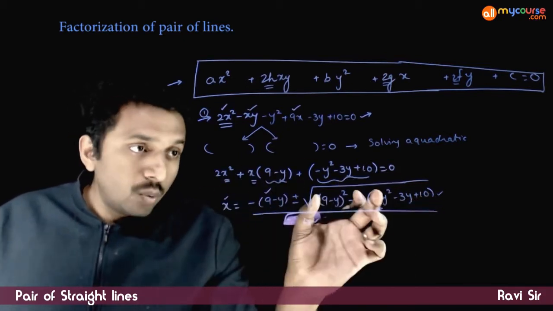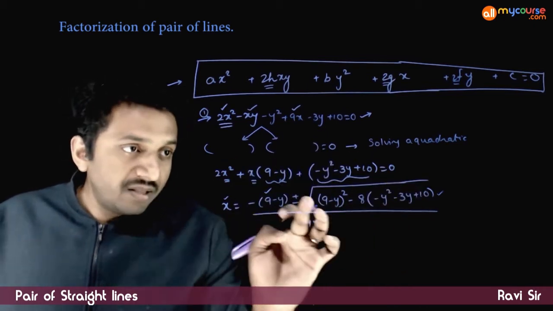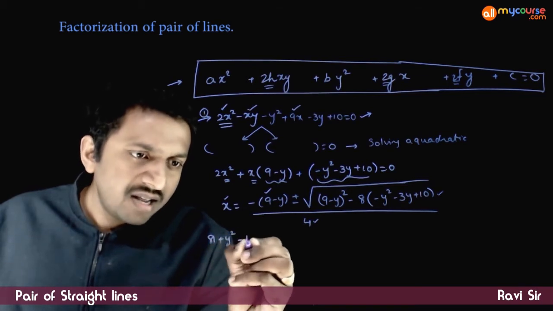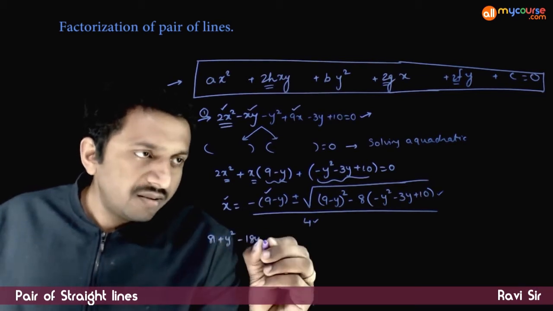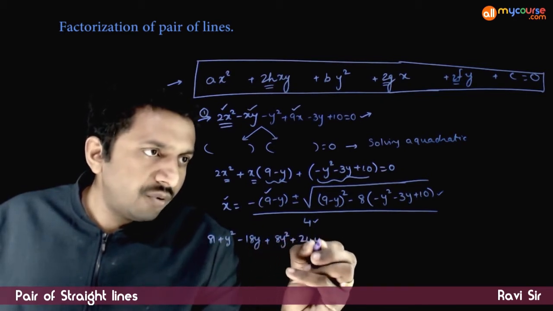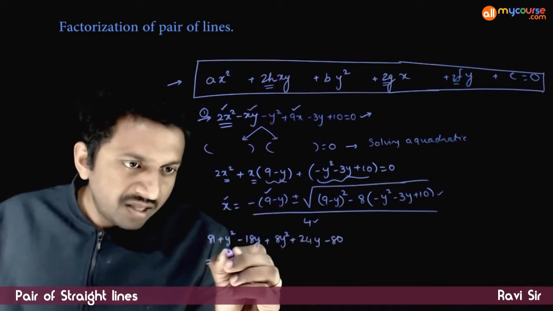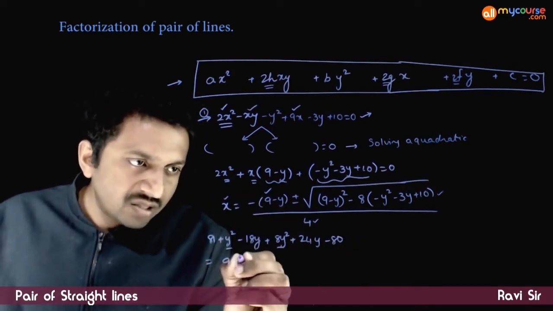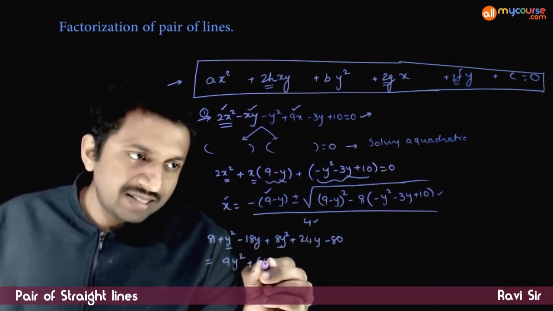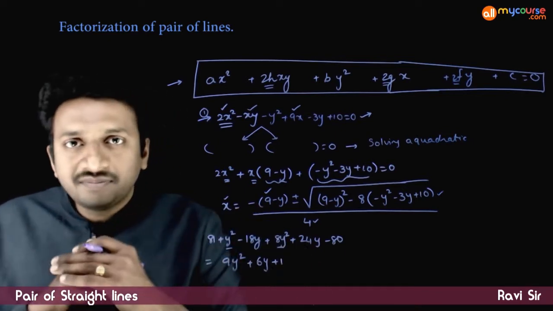Let us see. I am trying to analyze the expression inside the square root. You have 81 + y squared - 18y + 8y squared + 24y - 80. That is equal to 9y squared, and -18y + 24y is +6y, and 81 - 80 is +1.